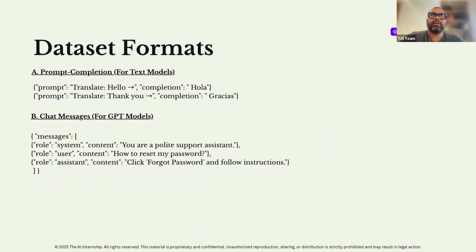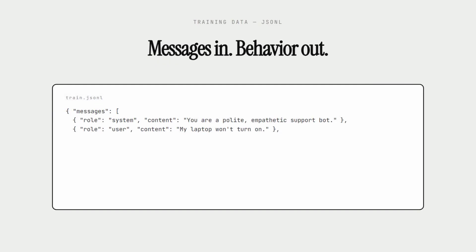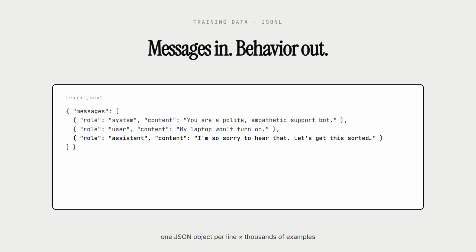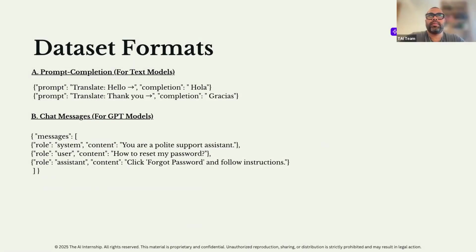So the dataset format, as I mentioned earlier, for you to fine tune a model, the dataset needs to have a specific format. If you are training for a prompt completion, it needs to have a structure like this: prompt, translate hello, the completion, the output should look like this.